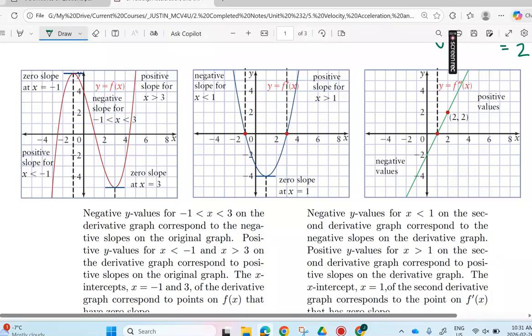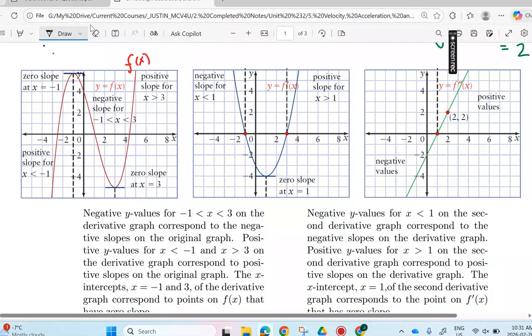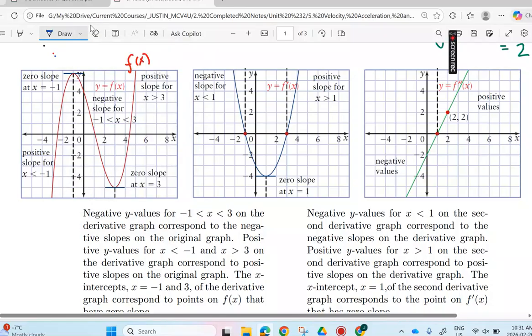Okay, so first off, let's say the red graph is our original function, f(x). Now, if I wanted to find the first derivative, remember, finding the first derivative means I'm finding the instantaneous rate of change at every single point.